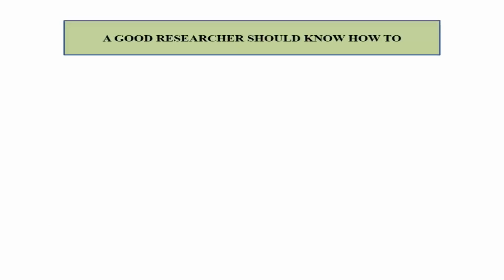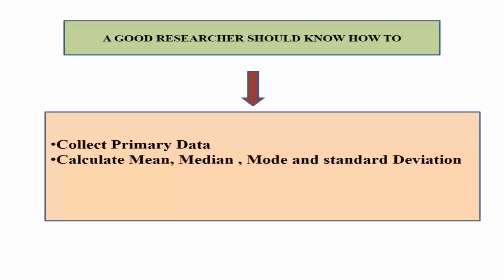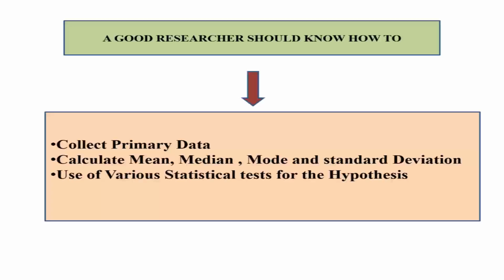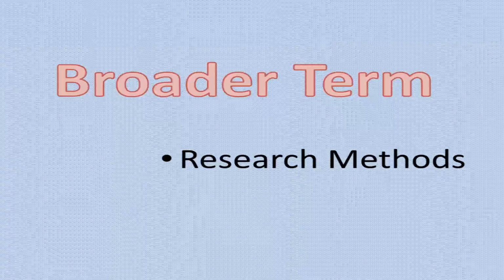It is expected that a good researcher should know how to collect primary data, how to calculate mean, median, mode, standard deviation, etc., how to make use of various statistical tests for the hypothesis testing, what are the steps of conducting research, etc. In brief, research methodology is a broader term which includes research methods. When a researcher is thinking of conducting a research, he must have knowledge of research methods as well.